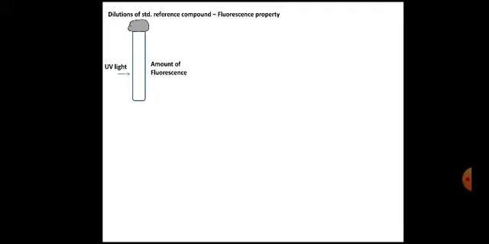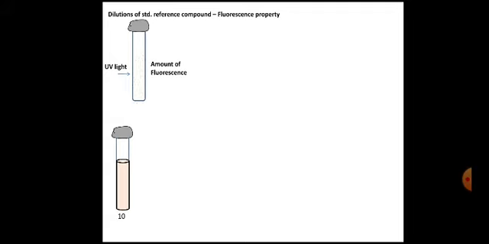So certain compounds have this ability of absorbing UV light and emitting visible light. Such compounds can be measured quantitatively by using a spectrophotometric assay. You have this standard reference compound. After exposing it to ultraviolet light, it fluoresces and the amount of fluorescence is measured.